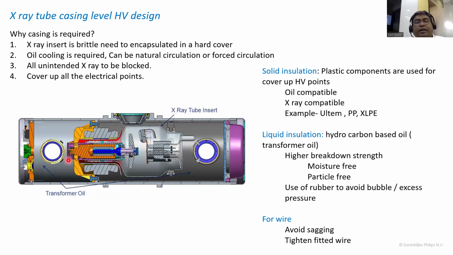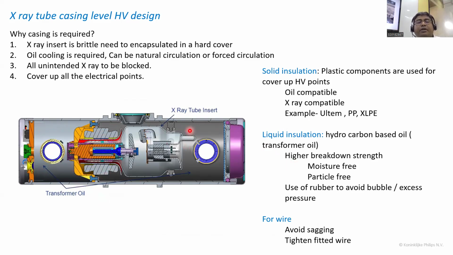Now, for this X-ray insert, what we have discussed so far is the vacuum bulb. That has to be integrated into a metal part, because it's commercially not viable otherwise. That part we call the casing. Because it's a rotating anode, we have the motor integrated in this part.